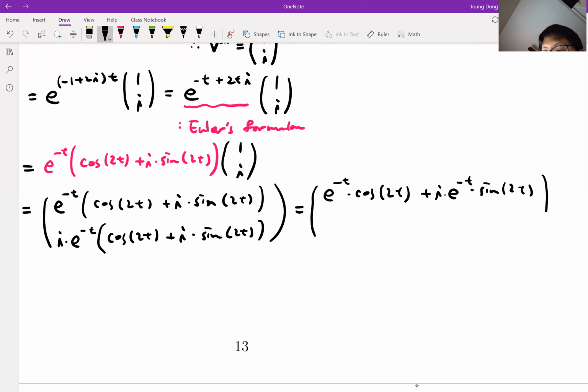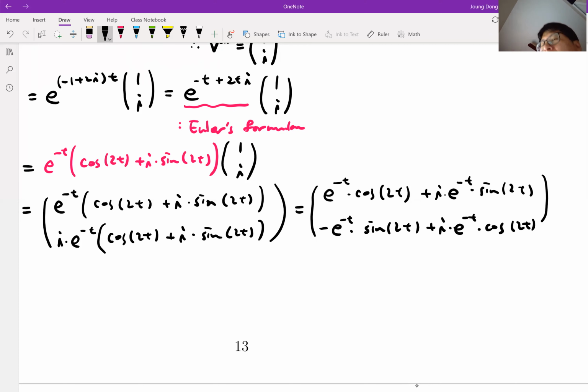What about the second one? Since you're multiplying by i, the real part came from i sine 2t, and i times i is -1, so your real part is minus e to the minus t sine 2t. Then the imaginary part is i e to the minus t cosine 2t.